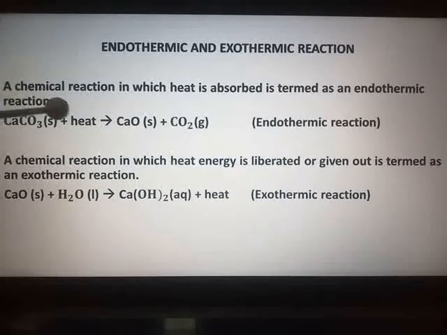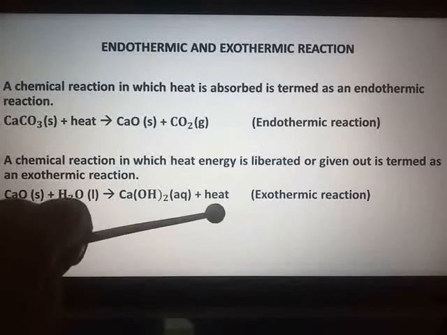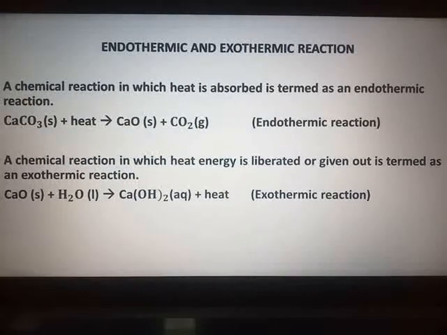If you see the heat on the left hand side or on the top of the arrow, then close your eyes and write endothermic. If you see the heat on the right hand side or the product side, then close your eyes and write exothermic reaction.